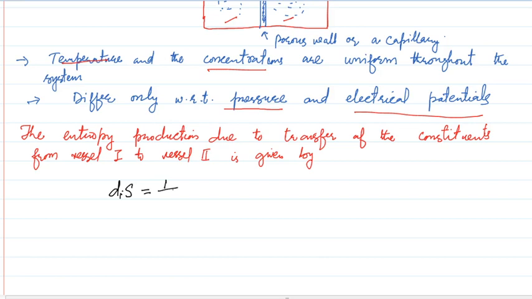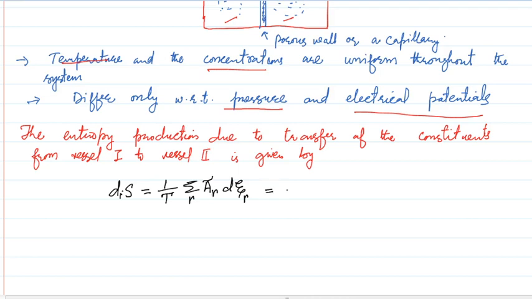So it is simply given by this relation, 1 upon T summation over gamma of A gamma d zeta gamma, and here we will simply put a bar, which designates electrochemical affinity.